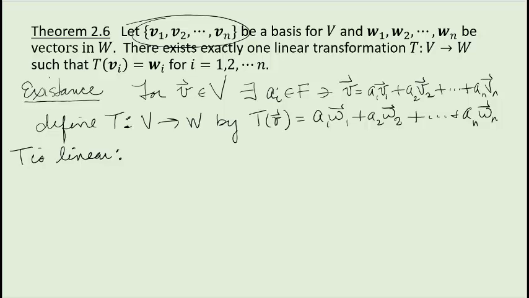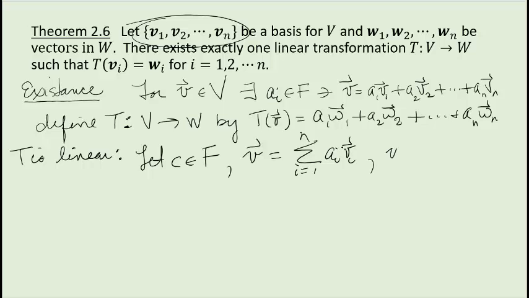To show that T is linear, I will let C be in the field, and let V be as I defined before, the sum from I equals 1 to n, A sub I, V sub I. And we need another vector in V. Let's call it U, and it will be the sum from I equals 1 to n of B sub I, V sub I. And we need to show that T of CV plus U is equal to C times T of V plus T of U.